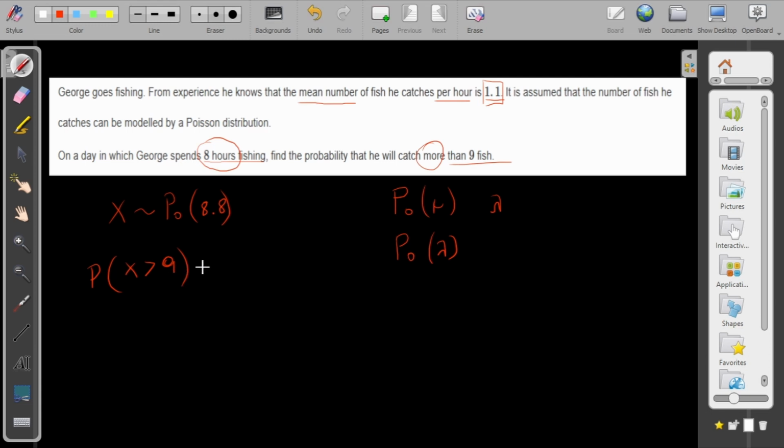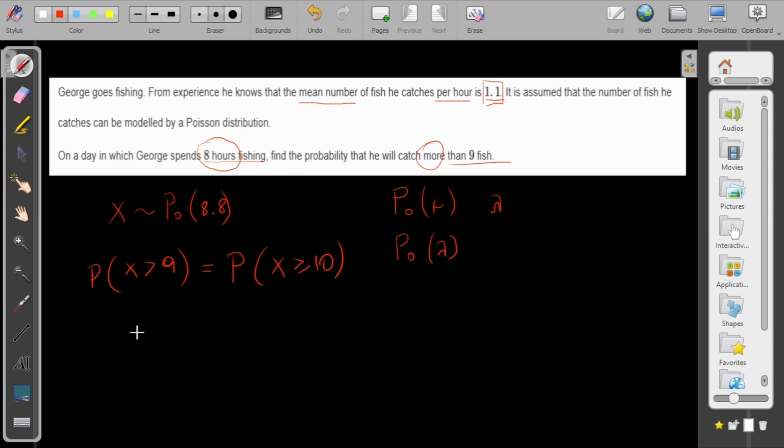More than 9 basically means that I want to calculate that he will catch 10 and more. 9 is not included. So how will I find the probability that he will catch 10 or more, or more than 9?